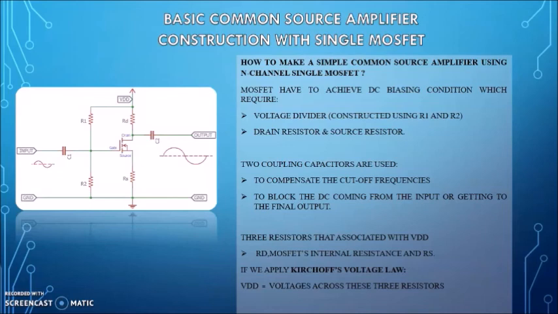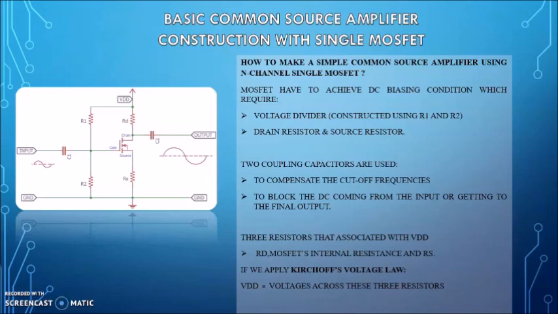Two coupling capacitors are used to set the cut-off frequencies and to block the DC coming from the input or getting to the final output. There are three resistors associated with VDD: RD, the MOSFET's internal resistance and RS.